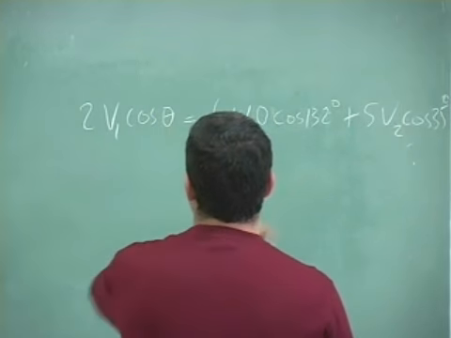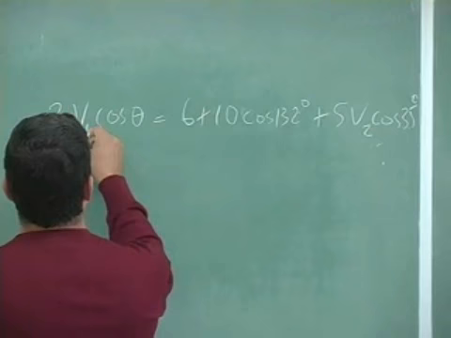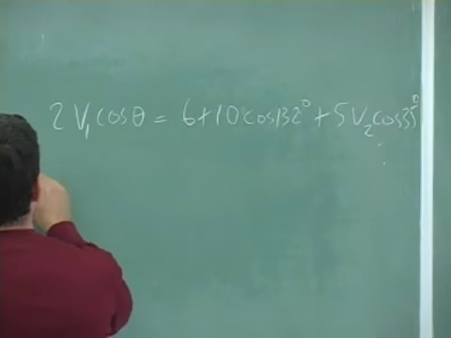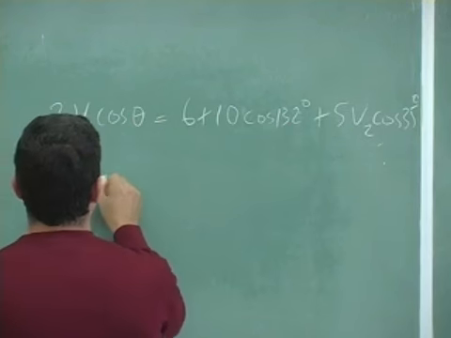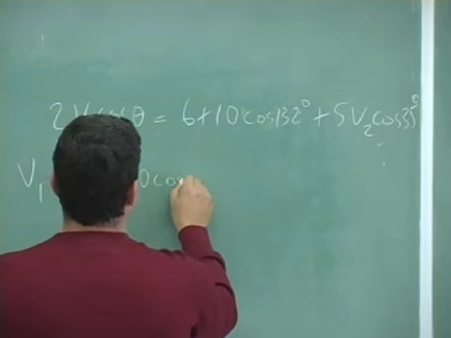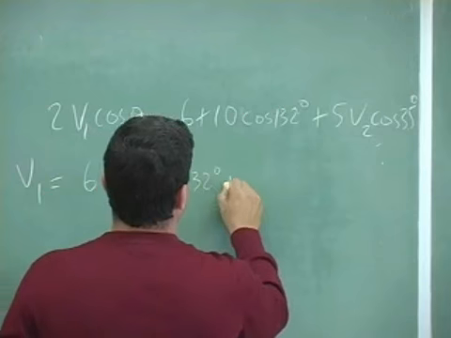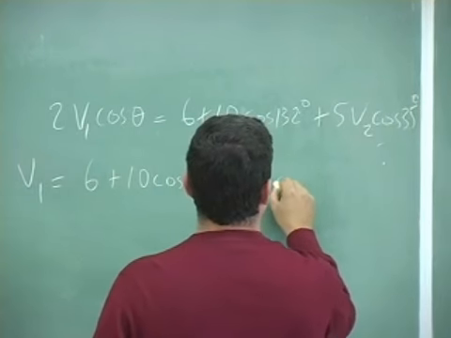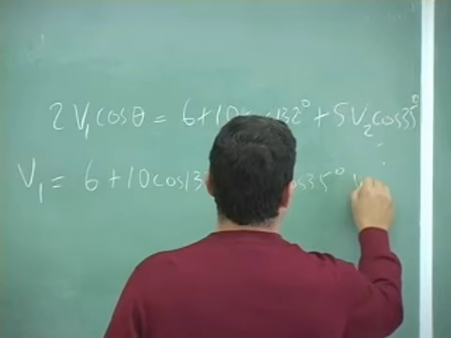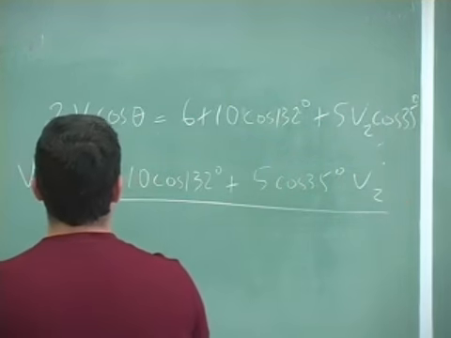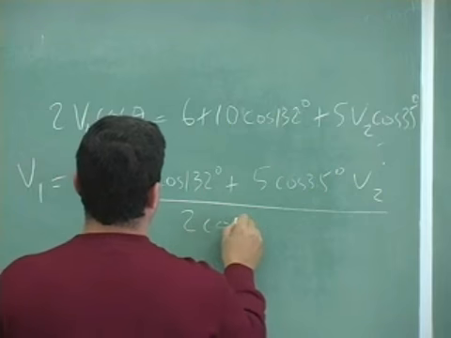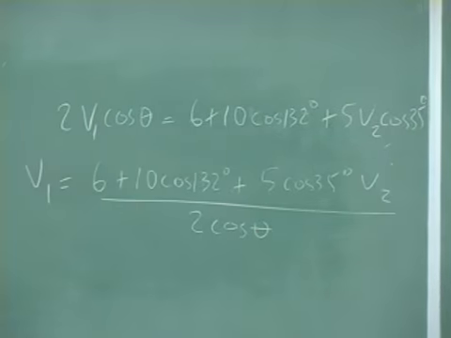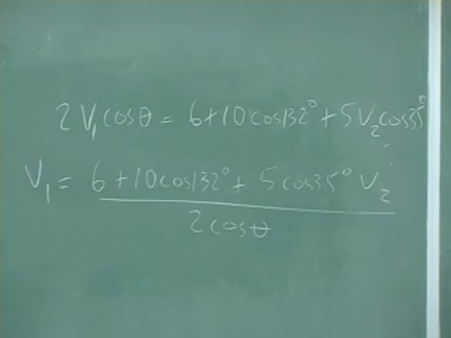And I have an equation here where I have V1, divide everything by 2 cosine of theta. So I have V1 is equal to 6 plus 10 cosine of 132 plus this whole thing, again, 5 cosine of 35 times V2, divided by 2 cosine theta. So just take this whole thing, divided by 2 cosine theta, and you just have an equation in terms of V1.